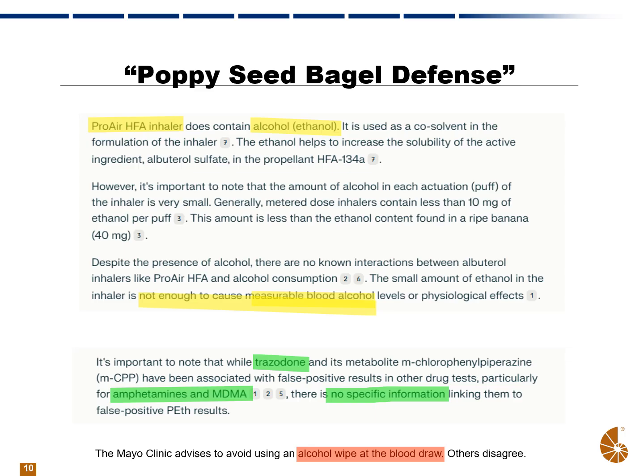People that are taking trazodone, which may increase levels of amphetamine or MDMA on a test, that doesn't affect PEth levels, so there's no worry about that particular medication. And although the Mayo Clinic advises not to use an alcohol wipe when you draw the blood for a PEth test, other people say that only ingested alcohol is being reported on the PEth levels, not the alcohol from a wipe when the blood is drawn.